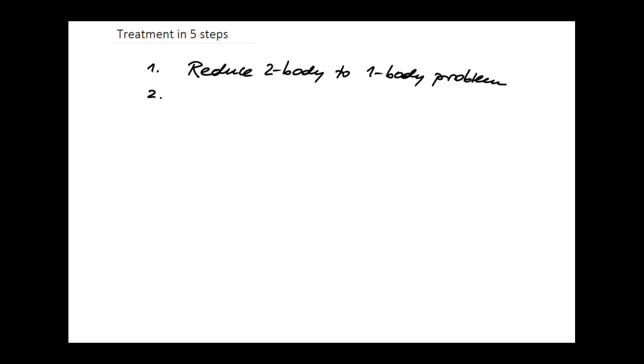At this point, it's a one-body problem in 3D. But we will actually succeed in simplifying that further, and we will reduce that to an effective problem in one dimension only.